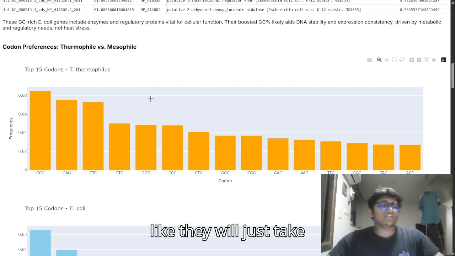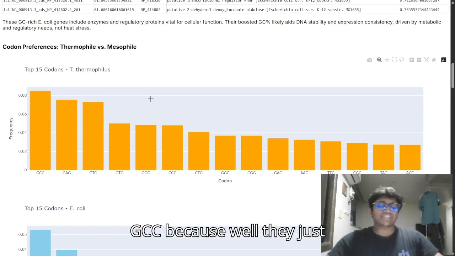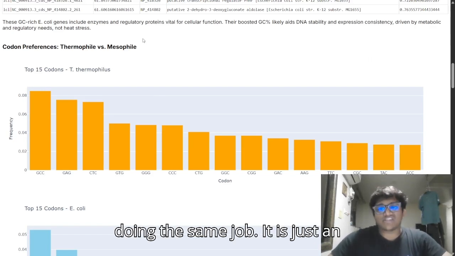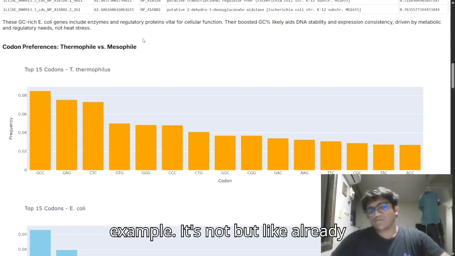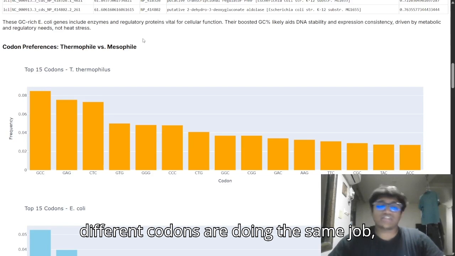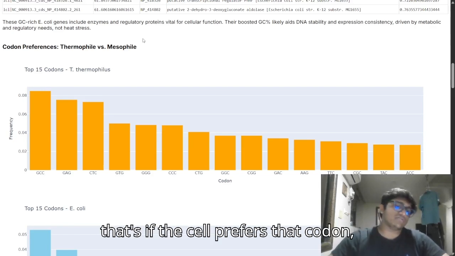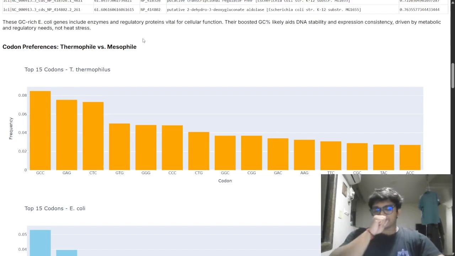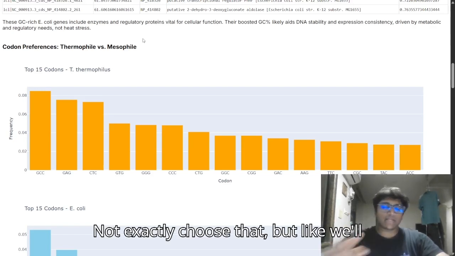They will just take GCC because they just like GCC, even if GAG is doing the same job. This is just an example. Even if different codons are doing the same job, if the cell prefers that codon, it's going to choose that. Not exactly choose that, but we'll get to it.